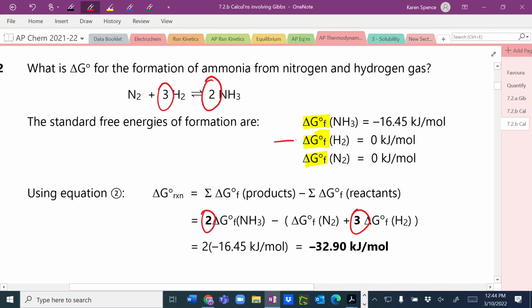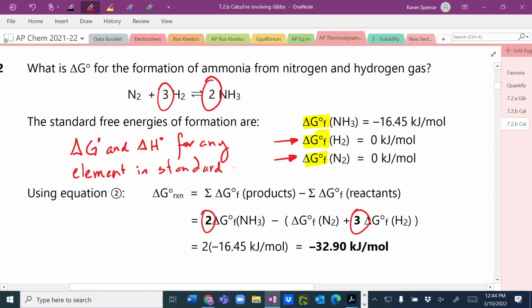Another thing I'd like you to notice is that delta G and delta H for any element in its standard state is 0 kilojoules per mole.